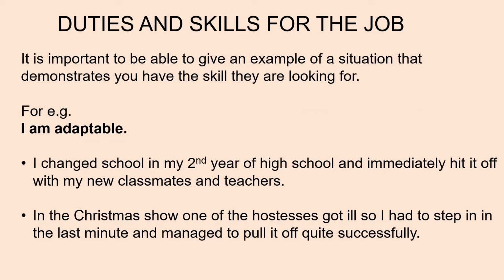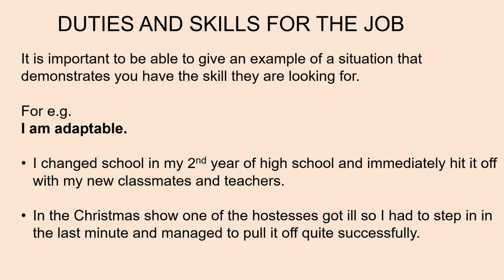Now, when you can distinguish between the duties and the skills required for the job, let's see what to do with them. It is extremely important to be able to give an example of a situation that demonstrates you have the skill that they are looking for. For example, if they are looking for someone adaptable, you need to be able to demonstrate an example of when you were adaptable.